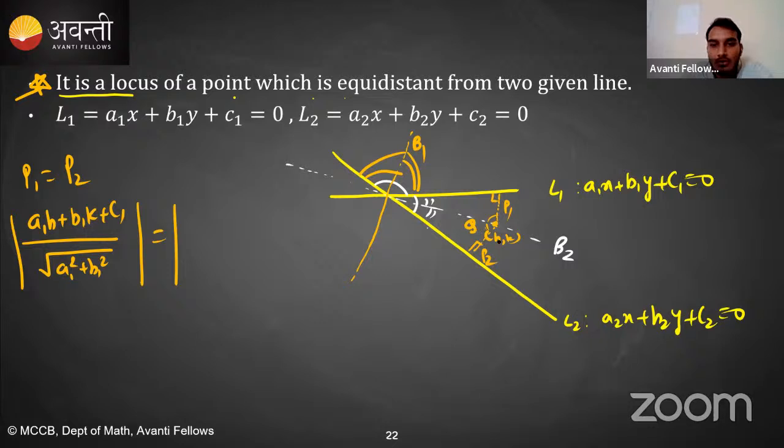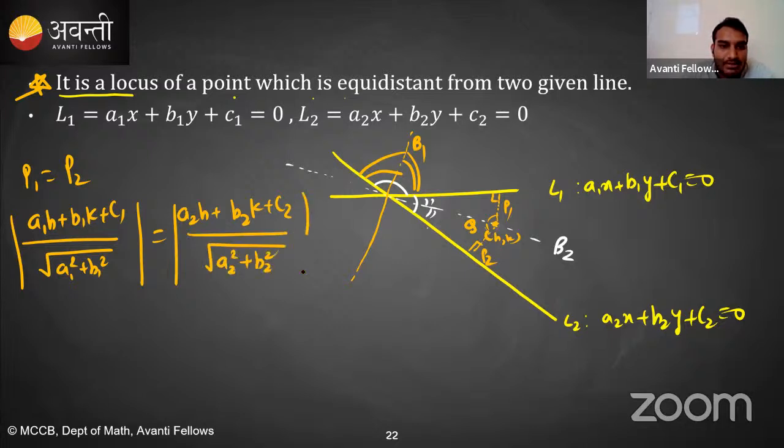P2 is the perpendicular distance from the point Q on the line L2, which is A2H plus B2K plus C2 upon under root of A2 square plus B2 square. That's it. So mod X is equal to mod Y, which implies X is equal to plus minus Y, right?